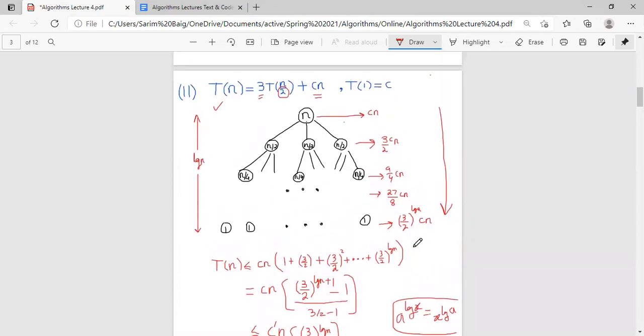But there are two things which are changing the running time.